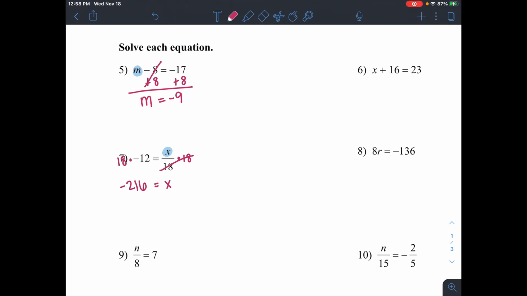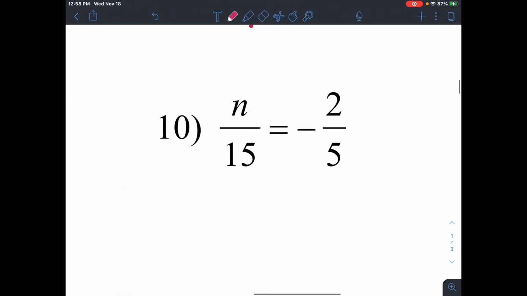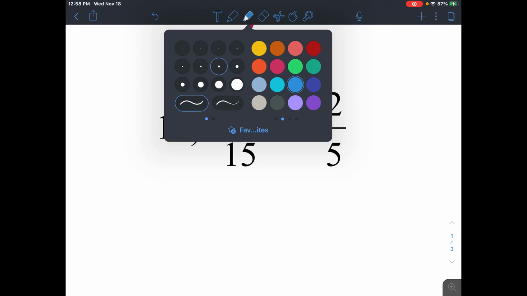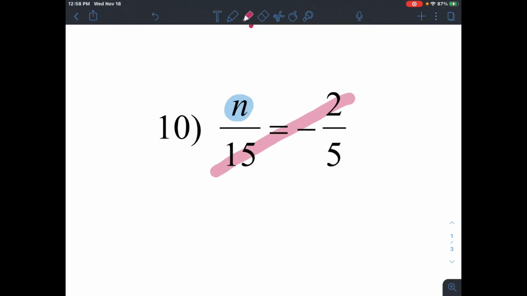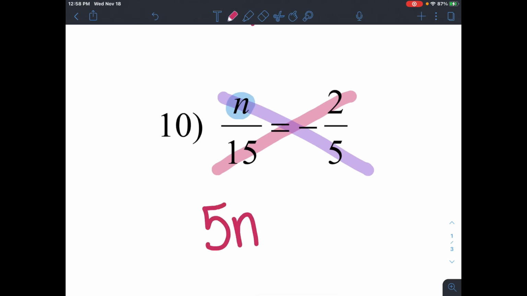Let's look at number 10. Again, I want n by itself, so to do this, we're going to cross multiply. I'm going to cross multiply this with this, and that will get rid of my fractions. So I have n times 5 is 5n equals 15 times negative 2, which is negative 30.